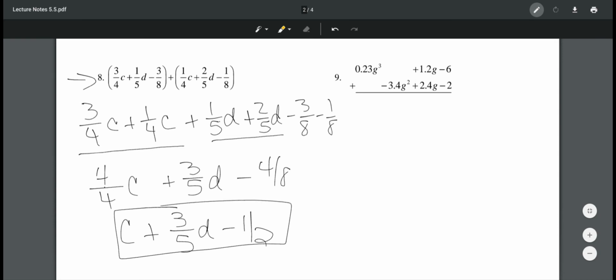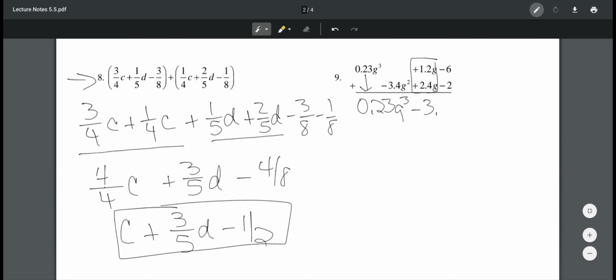Now, some people like to line up their terms, and that's okay. So in this problem, I'm going to add straight down. I do not have any other g to the third terms. Then I do not have any other g squared terms. I am going to add these two together, just add straight down, and that gives me, I apologize, I left off part of that squared term.